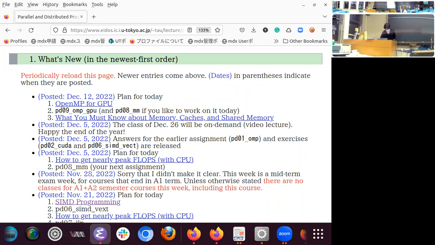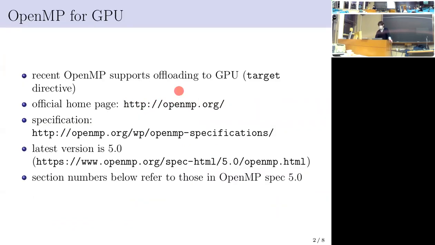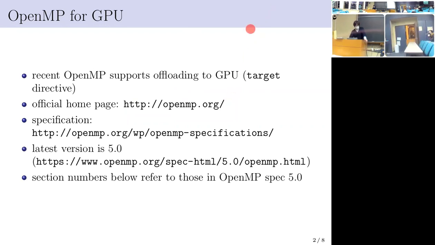Okay, so let's get started with this OpenMP for GPU. This is a new topic I have never talked about in a previous incarnation of this course. This slide is short, and I can hopefully finish it relatively quickly. Almost everything is in the Jupyter notebook, so there's not much point in my speaking too much using slides.